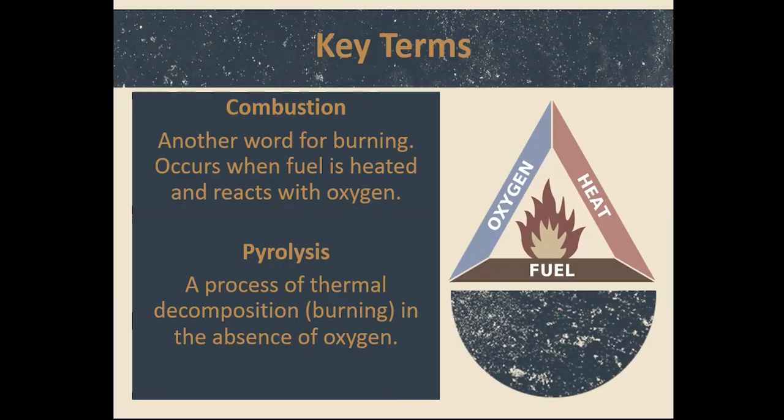So combustion is happening in the presence of oxygen or air with heat. Pyrolysis is a process of thermal decomposition in the absence of oxygen. So it's a process of burning material with high heat and low oxygen. And that pyrolysis process is how we make charcoal, which we will talk about is what is later turned into biochar.